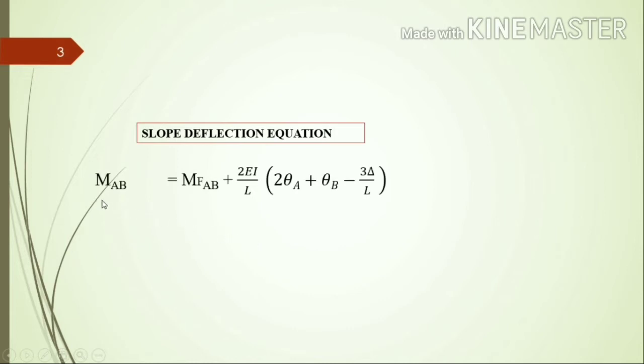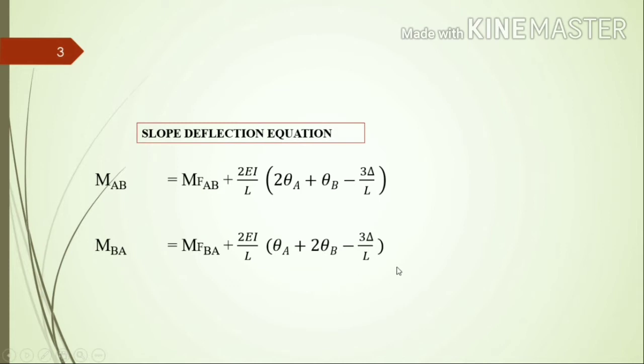We know for a continuous beam the slope deflection equation for the member AB is MAB equal to M of AB plus 2 EI by L into 2 theta A plus theta B minus 3 delta by L. Similarly, MBA is equal to M of BA plus 2 EI by L into theta A plus 2 theta B minus 3 delta by L.